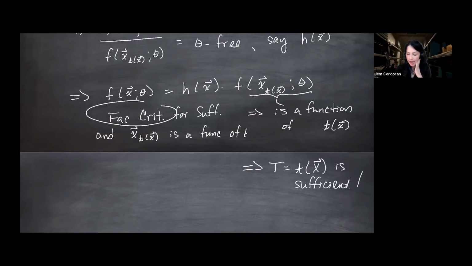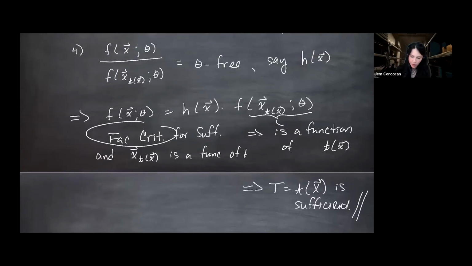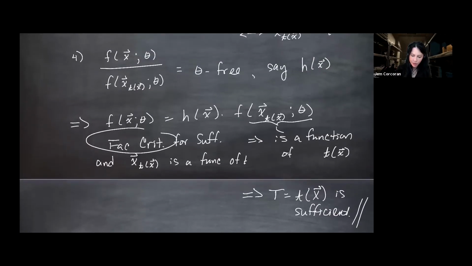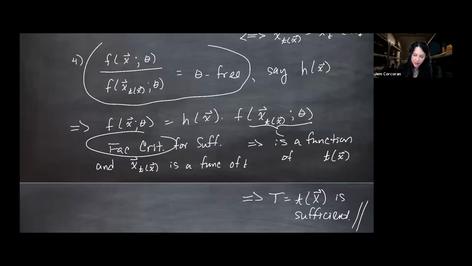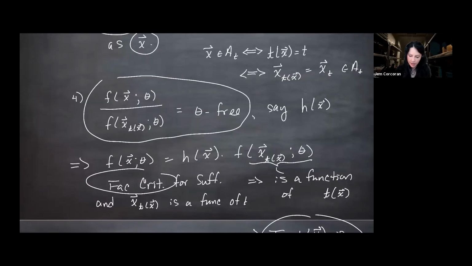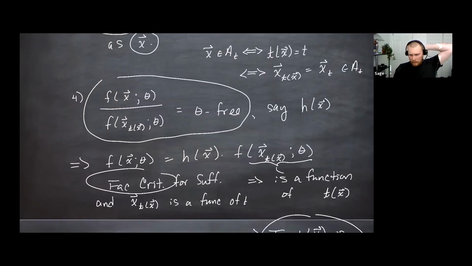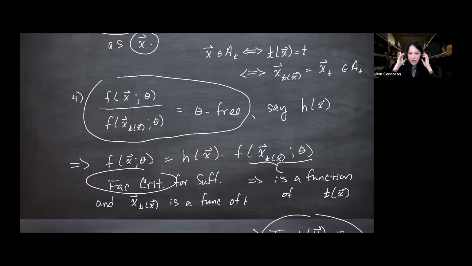Now, one thing that I passed by was that I wanted to assume that this ratio was theta free in order to get that T was sufficient. And I'm not sure why I know that at this point. Is that one direction of it? Or we proved that this equivalence implies sufficiency? Yeah, we're proving that if these are equivalent, then we get sufficiency.